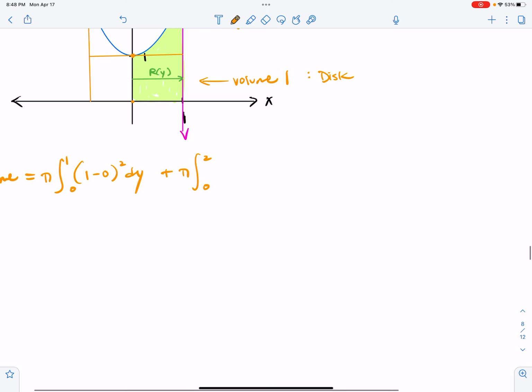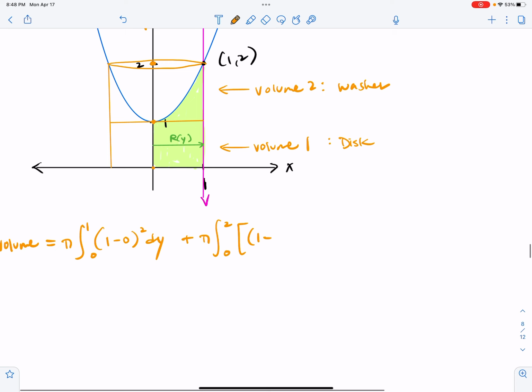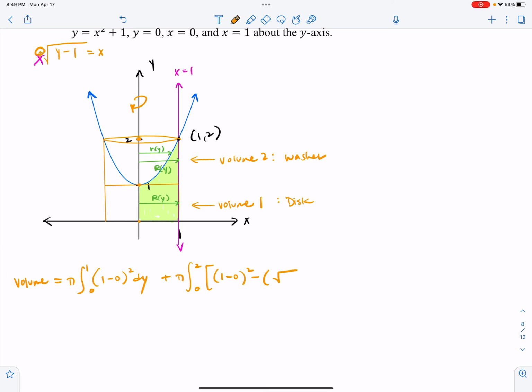And this is big R squared minus little r squared. So big R is still going to be 1 minus 0, right? Big R of y, if you want to be more detailed. And then little r of y, so 1 minus 0 squared minus the square root, right to left, right?